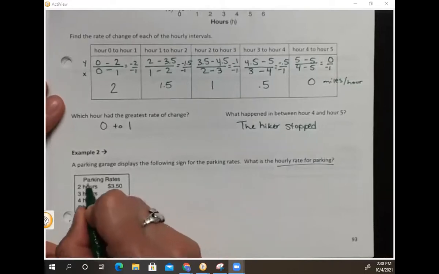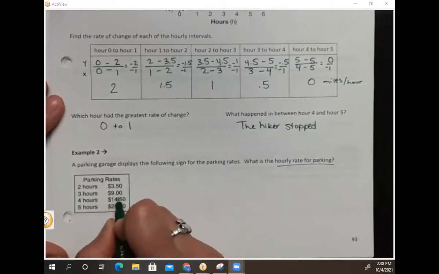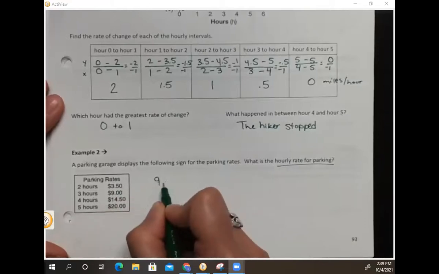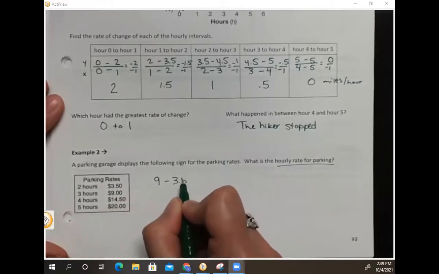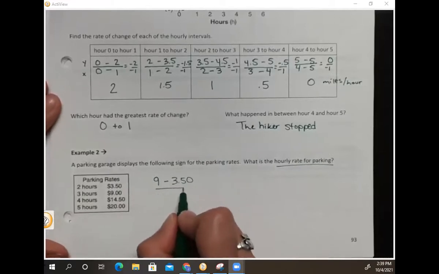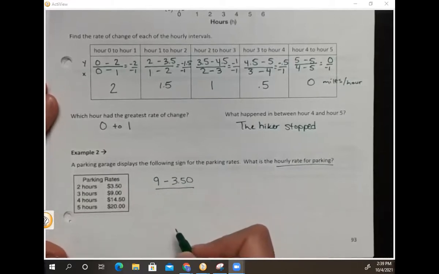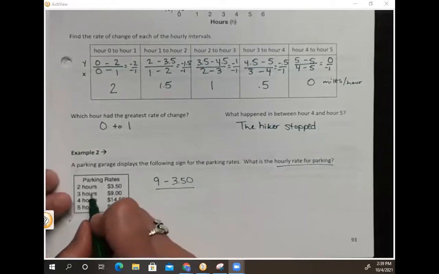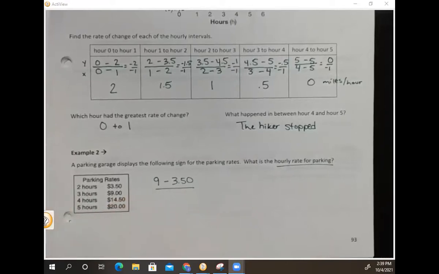Yeah, I could take the hour 2 price and subtract it from the hour 3 price. So that would be 9 minus 3.50. Okay. Now, here's the thing that's sort of invisible on this problem, but I'm going to write it down anyway. You took hour 2 and hour 3 because that's a 1 hour time difference, right?